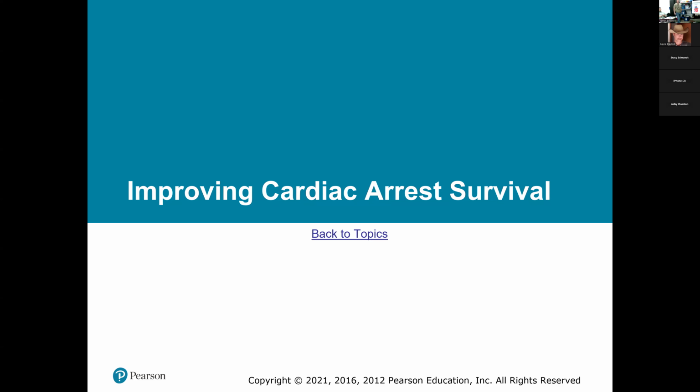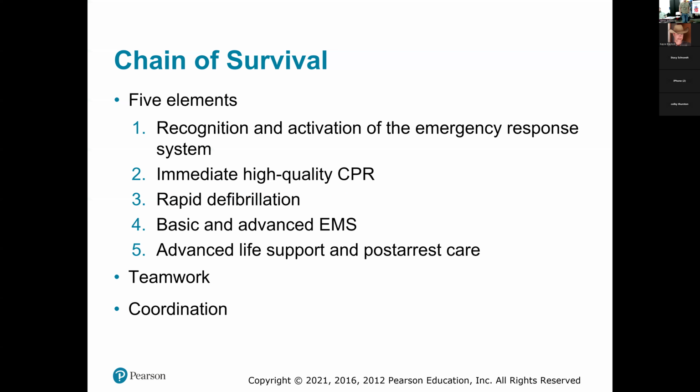So 5 elements: recognition and activation of an emergency response system. Where do we know this from? Yep, BLS. Immediate high quality CPR, rapid defibrillation, basic and advanced EMS, advanced life support, and post arrest care.